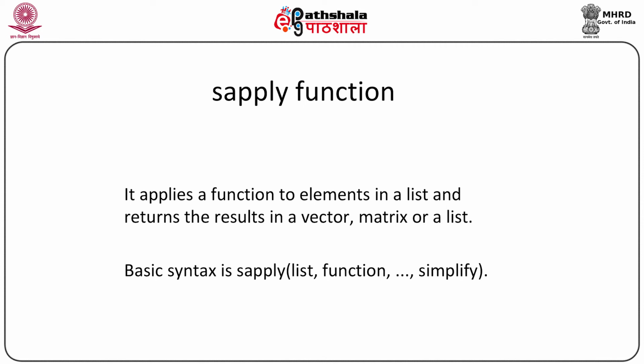If the results are all scalars, then sapply returns a vector. If the results are all of the same length, then sapply will return a matrix with a column for each element in the list to which the function was applied.